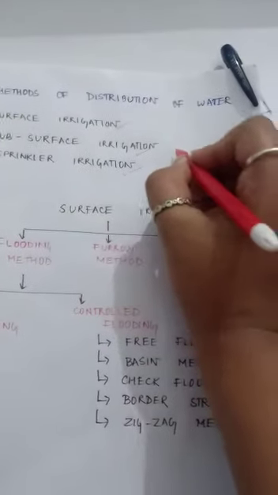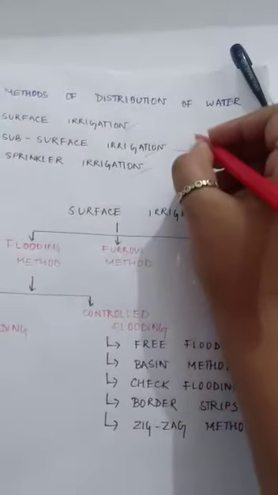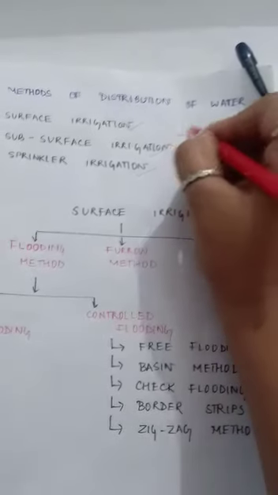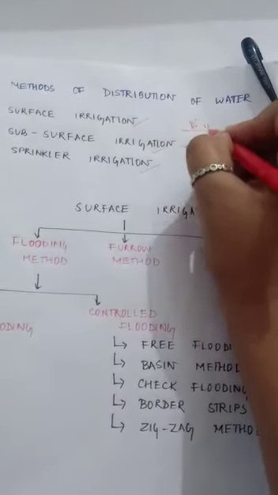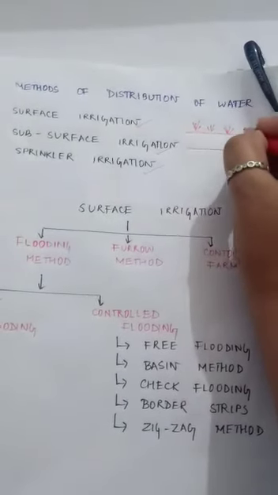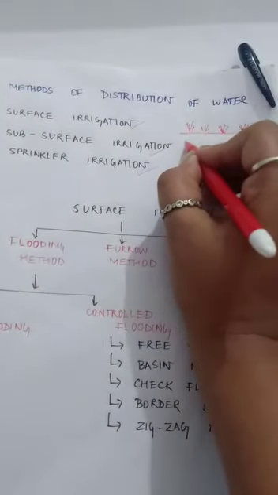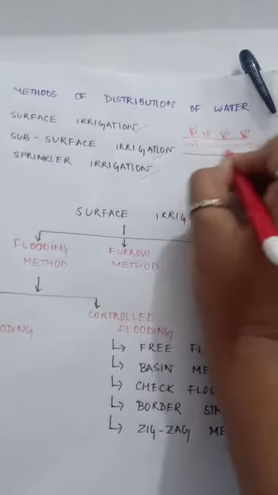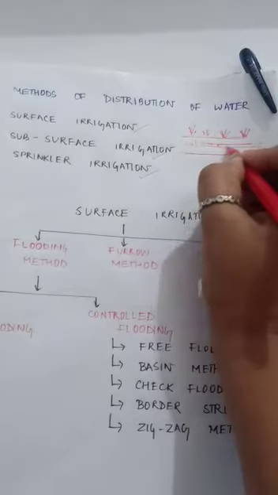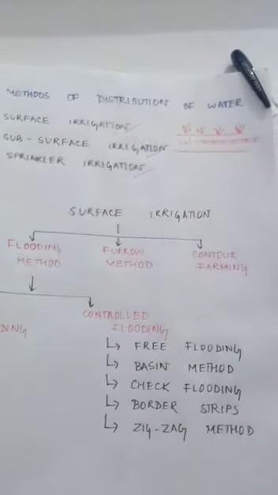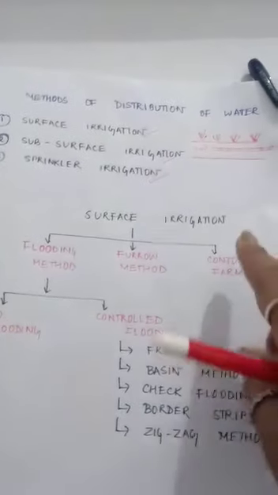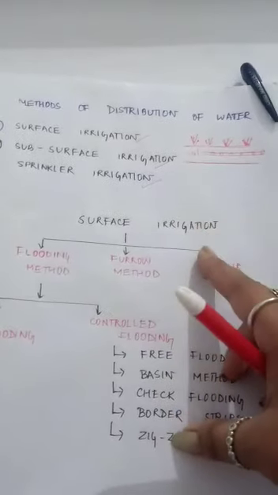Suppose these are the plants, and this is the soil. Here pipelines will be installed, and with the help of these, the irrigation is done.